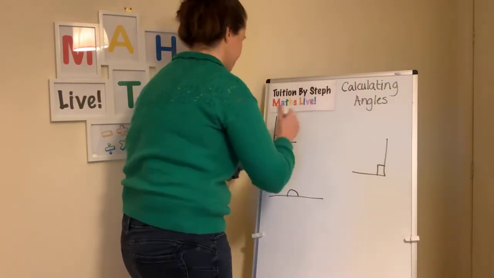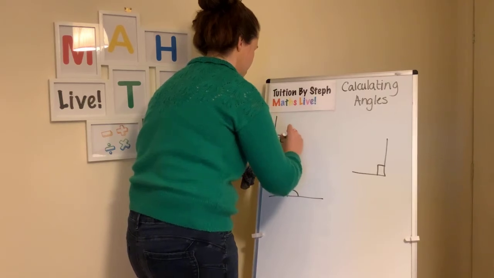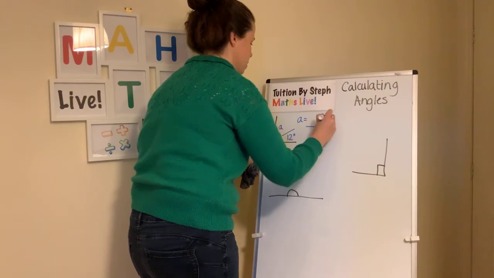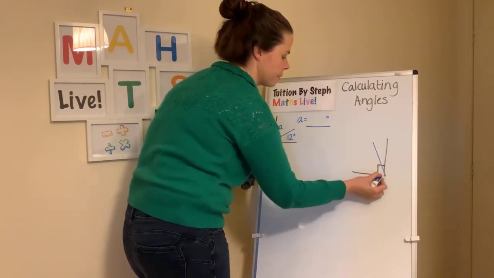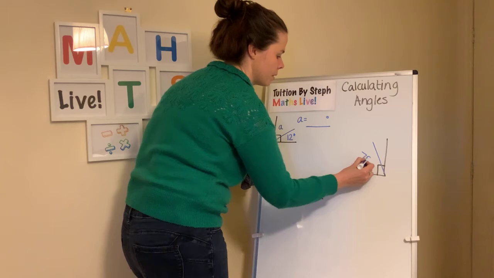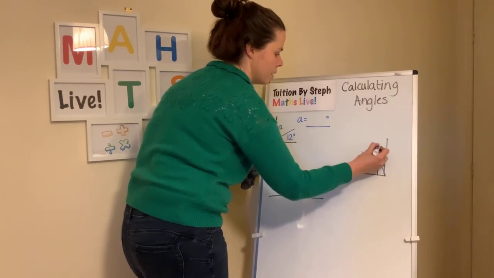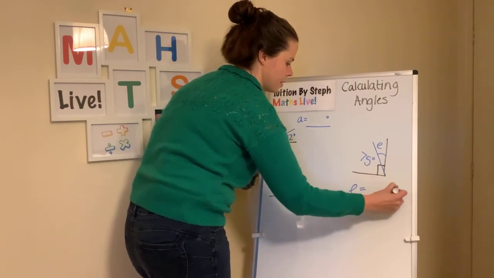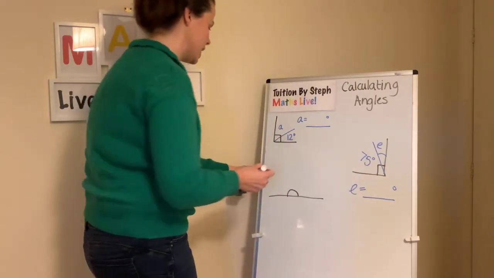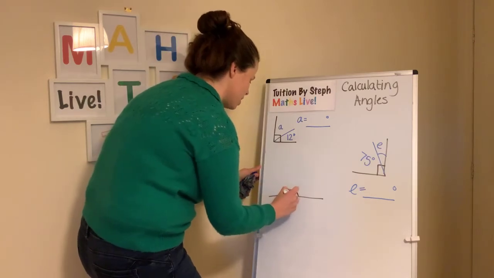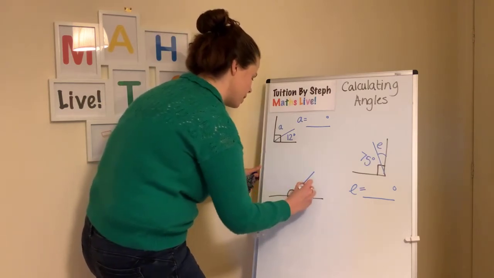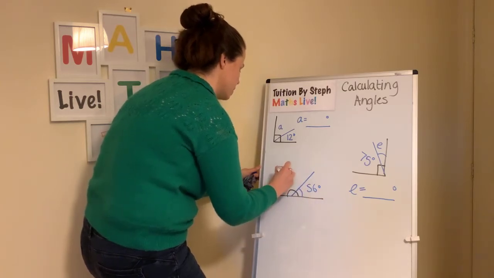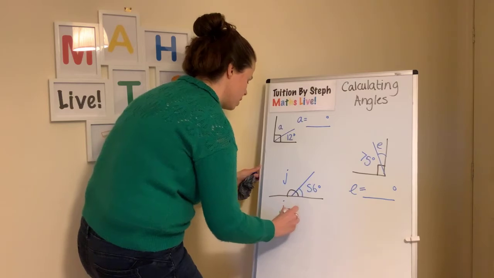Okay. So for that one, can you find out what angle E is? And with this one, what is the size of angle J?